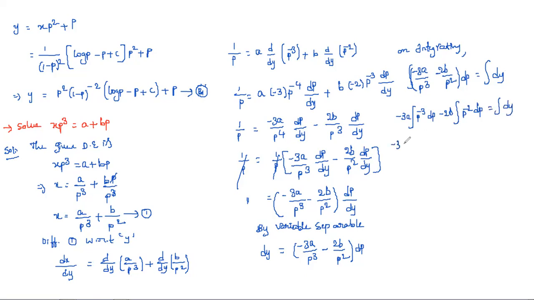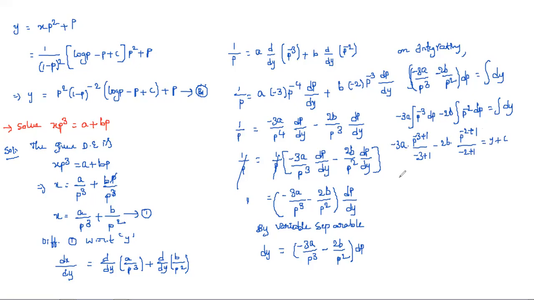Now minus 3a into integral p power n is nothing but p power n plus 1 by n plus 1. So minus 3a into p power minus 3 plus 1 by minus 3 plus 1, and minus 2b into p power minus 2 plus 1 by minus 2 plus 1. This is equal to integral dy, which is nothing but y, and the constant is plus c.